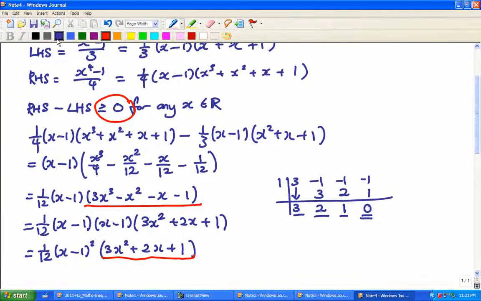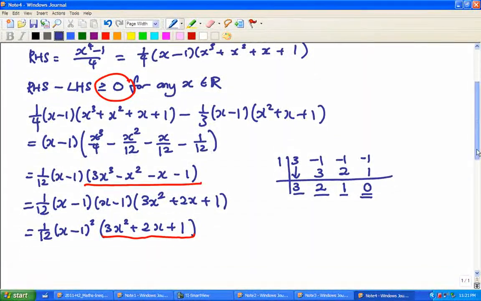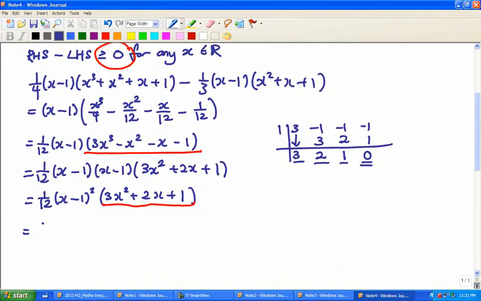We can simply do this by completing the square. So this will get 1 over 12 times x minus 1 squared, multiplied by 3 times x squared plus 2/3 x.